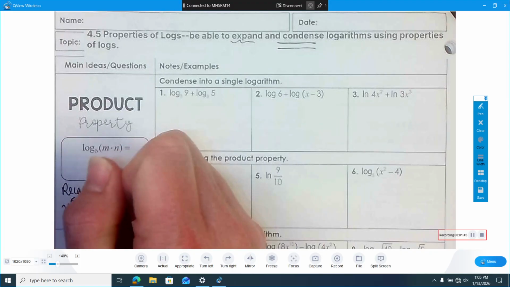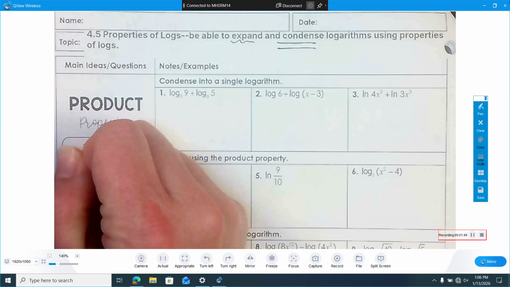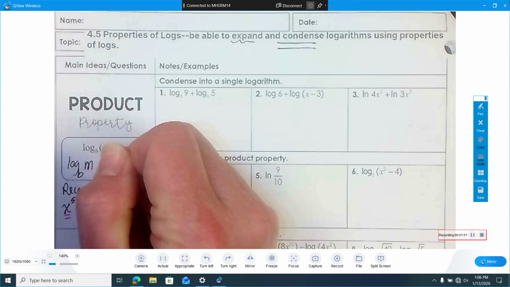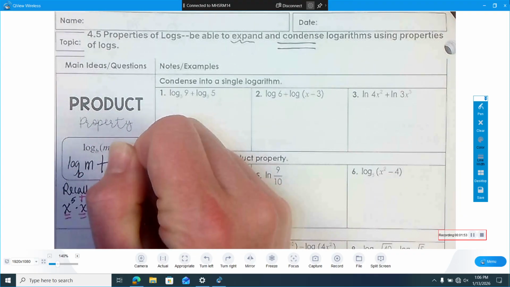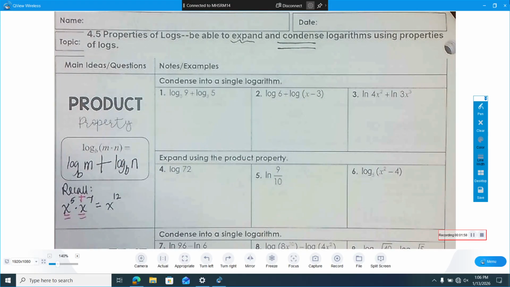So the log of the quantity m times n becomes the log base b of m plus the log base b of n. That makes it a much longer statement.